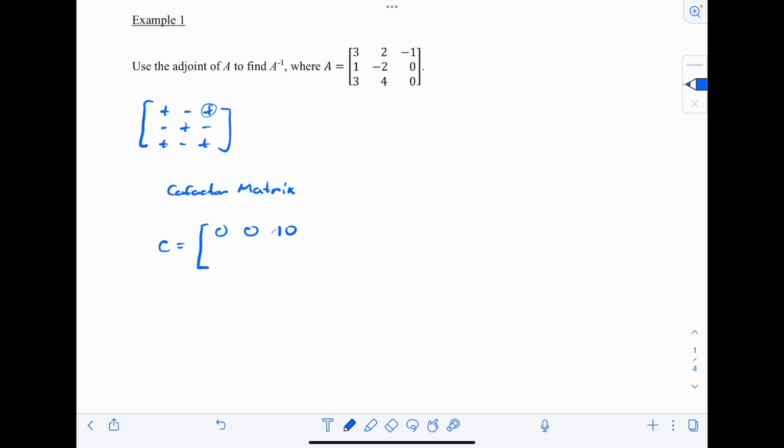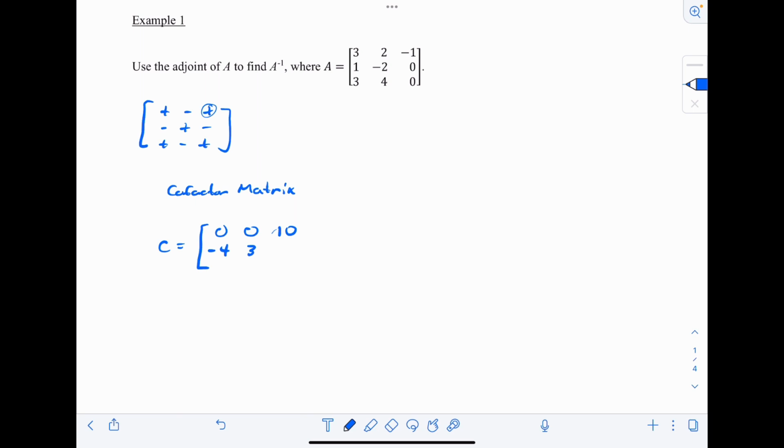Going to row 2, crossing off the row and column where 1 is, I would have 2 times 0, 4 times -1 is 0 minus 4, which is a positive 4. But remember, I've got to change that sign to a -4. Going to the middle, I would have 0 minus a -3 is positive 3, and that stays positive. Then 12 minus 6 is 6. That changes, did I do that right?